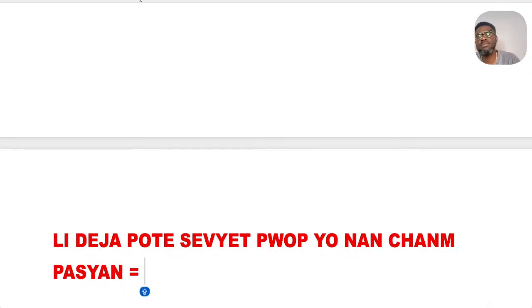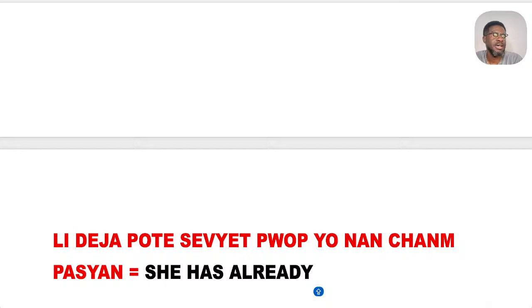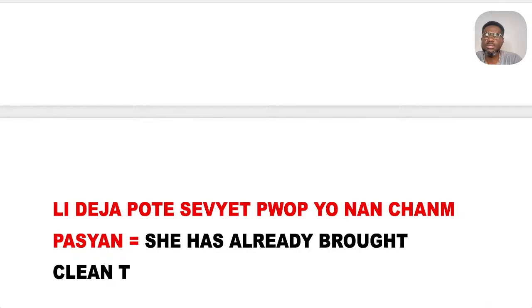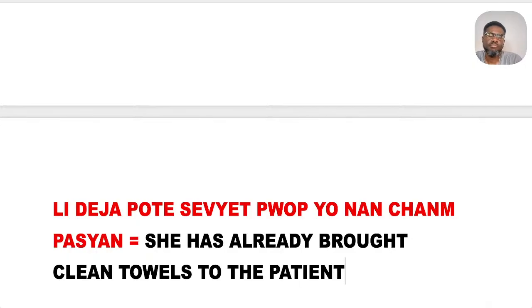So this one, present perfect. She has already brought clean towels to the patient's room. Now, put apostrophe S for possession, right? To the patient's room. We have to put it like that. We can't just say to the patient room.